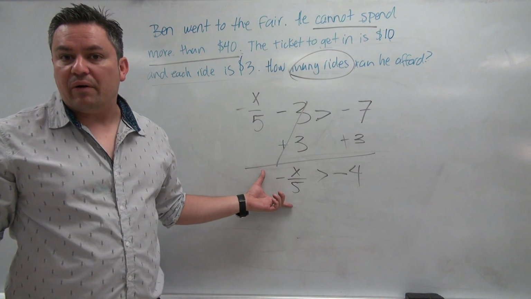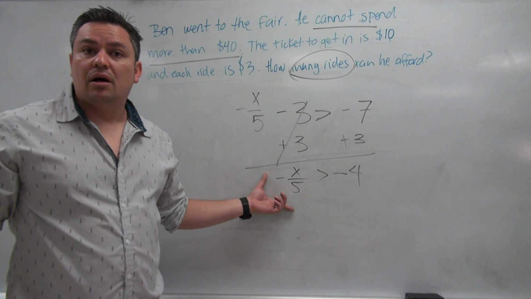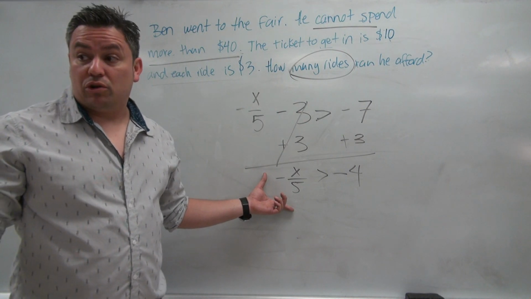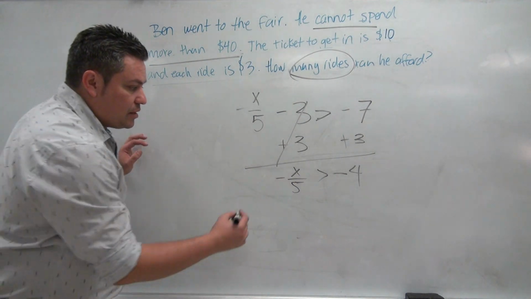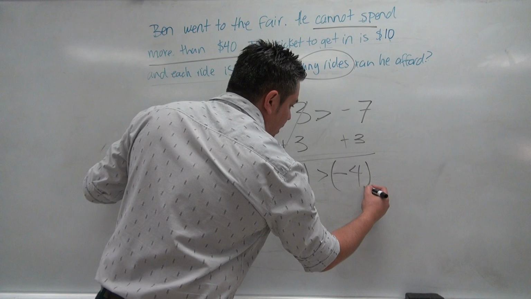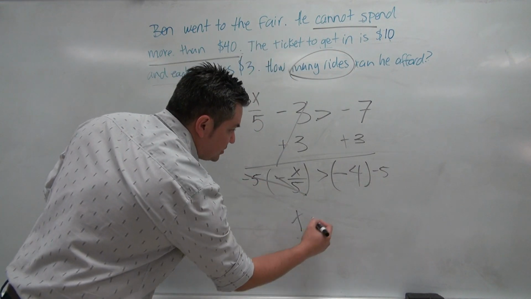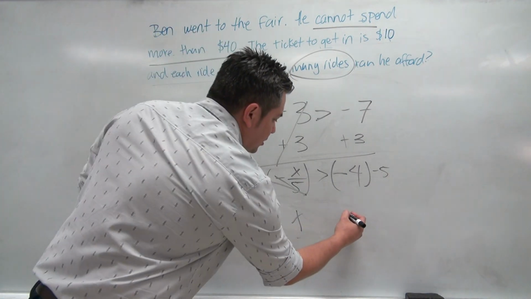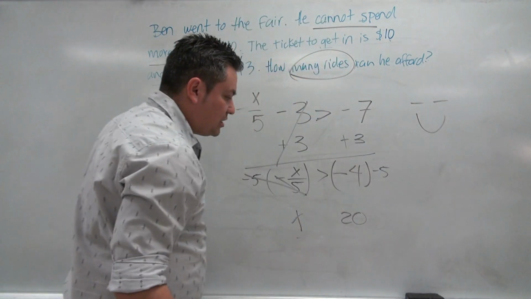Undo this -5, right? How are we gonna undo this? What is it currently doing? Dividing. The opposite of division is to multiply by that -5. So that cancels this out, and you're left with x. 4 times 5 is 20, and 2 negatives make a positive.